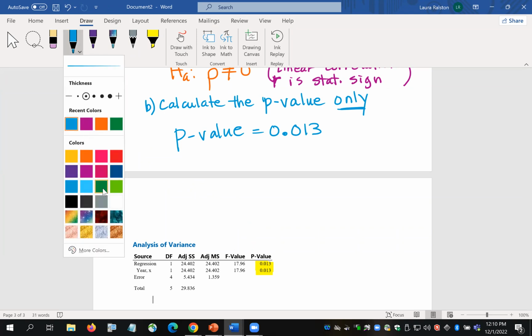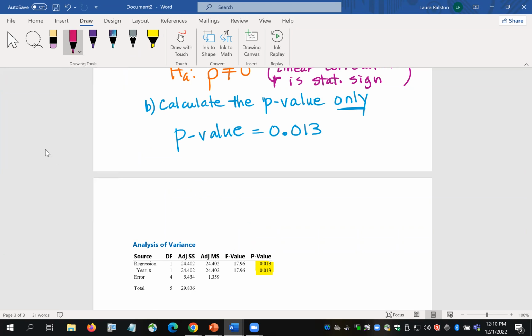Then the third step in this modified hypothesis test is to make our decision. And we use the same process that we've used forever to compare the p-value to the level of significance. The level of significance is usually given in the question, and most times for correlation we use 0.05.